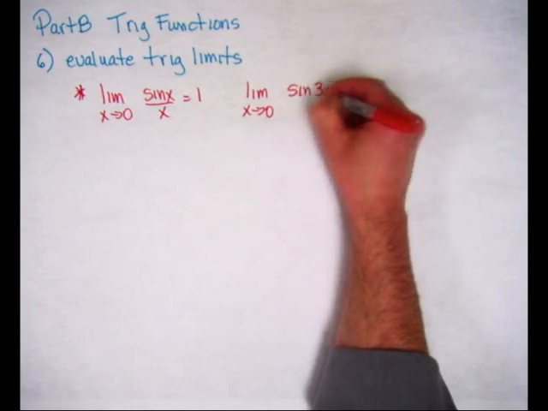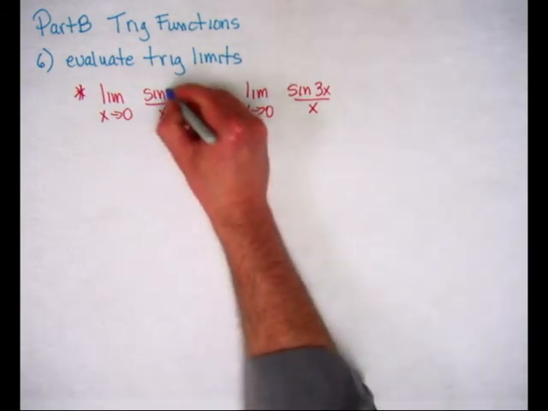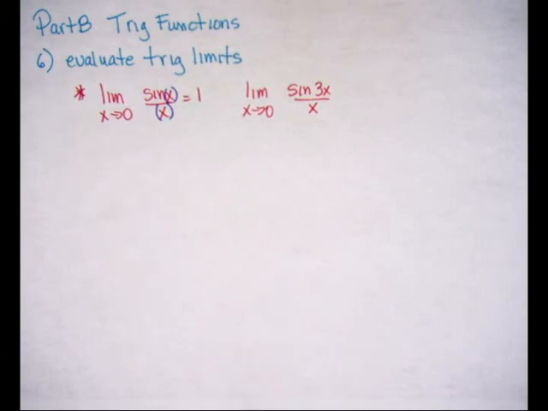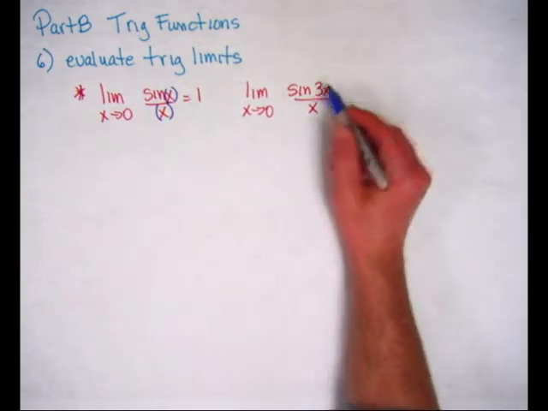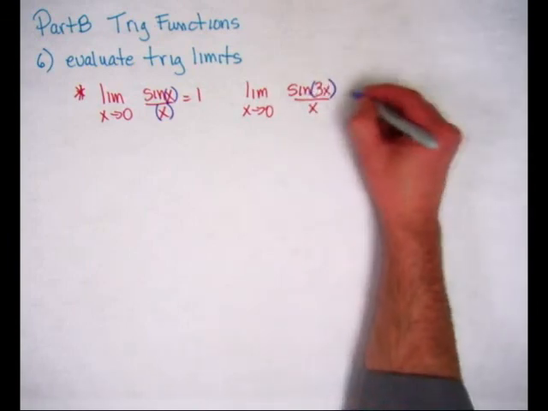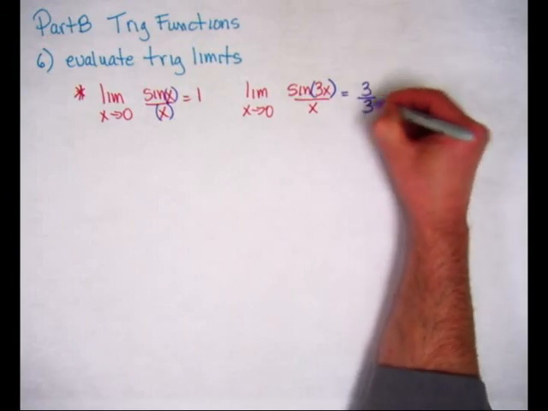What I'll have you do in the test is just show me that you understand that particular limit and how to manipulate it. So for example, a question might look something like, what's the limit as x approaches 0 of sine 3x over x? And of course, the strategy here is we need to get the argument to be the same as the denominator. We know that this x has to be identical to this part right here. If that's the case, then the limit is 1. So what we have to do here is we recognize that this is 3x, so we have to get the denominator to be 3x. So we're going to multiply by 3 over 3.